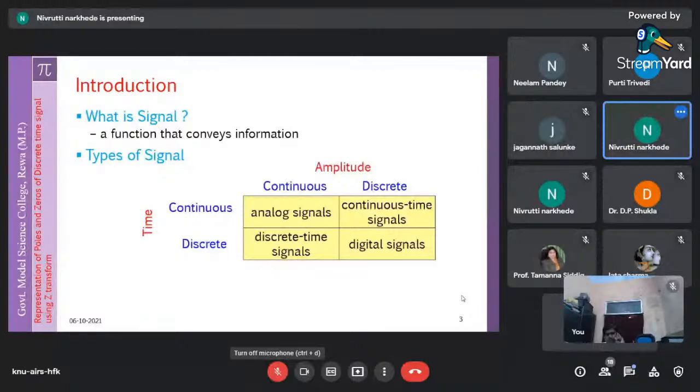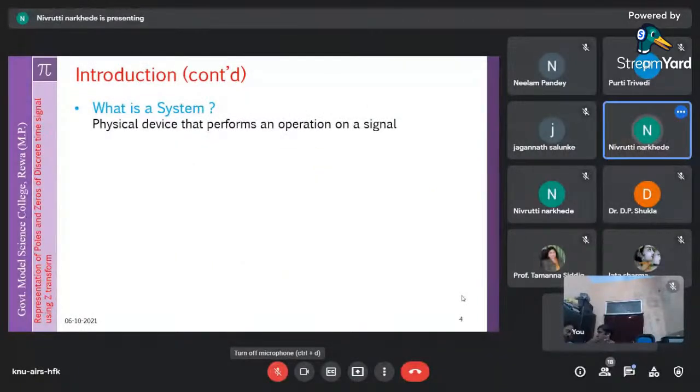Now what is a system? It is a physical device, or we can say it is an algorithm. It is a device or algorithm that operates on an input to produce another digital signal called the output. Suppose the unit impulse is an input, then the impulse response is the output. So that is called a system. In this system, the main processors to be used are transform techniques and their applications.